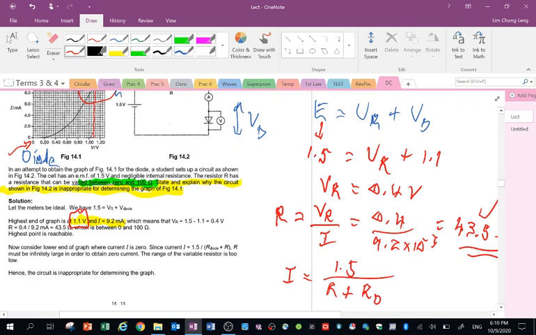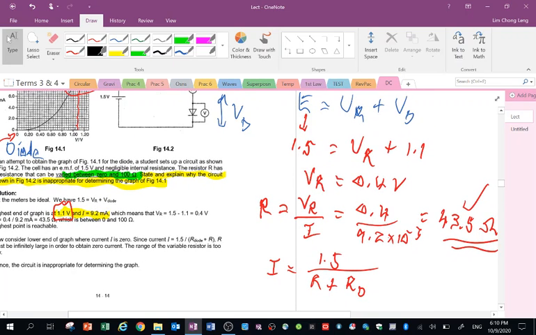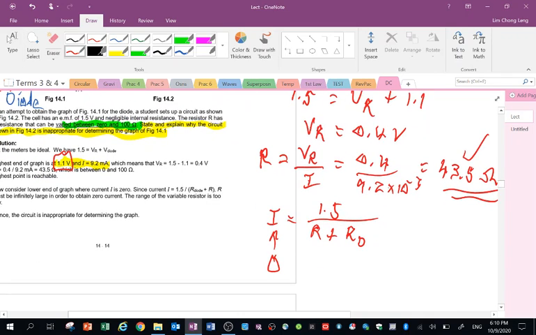Okay, so we know that in order to get zero current, the denominator must be exceptionally high, infinitely high. In fact, infinitely high to get zero current. And we know that this is not possible because the maximum value of R is 100. Okay, that's the maximum value of R.